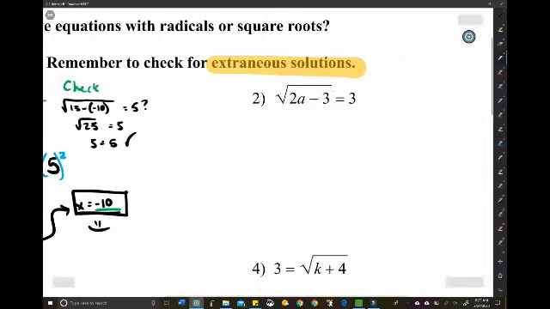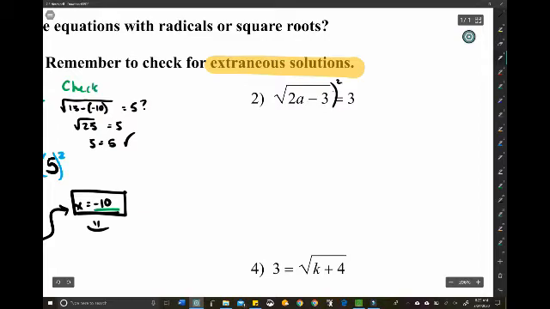For number 2, isolate the radical. It's already taken care of, so we'll jump right into squaring both sides. That leaves 2a minus 3 equals 3 squared, not times 2, squared. A common mistake is that students multiply it by 2, but it's 9. Add 3, so we get 12 is equal to 2a.